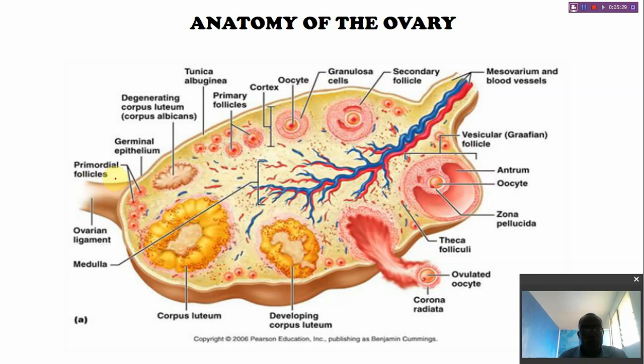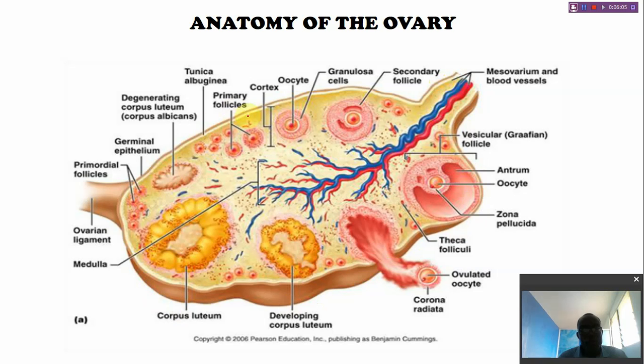You can see the primordial follicles here, which are found at the cortex and also in the medulla of the ovary. You also have the germinal epithelium, that's the outer border of the ovary, and the tunica albuginea is just next to the epithelium. These are the capsules or the protective layers that are protecting the ovary from any injury or from a rupture.